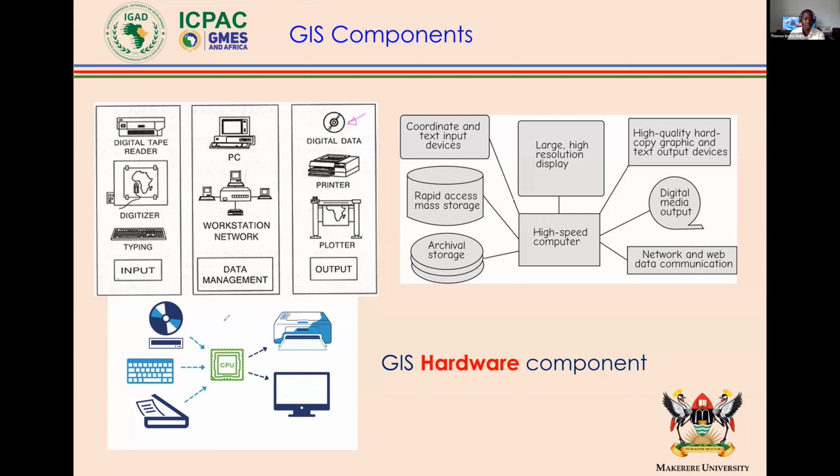So this is just trying to depict the different components in a pictorial way of what is in the GIS. Some of these terminologies like CPU might be very advanced for some of us, but basically what is in your computer, let me call it the box of your desktop computer, is the CPU.